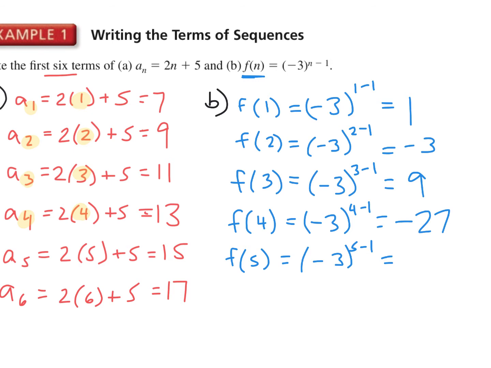So negative 3 to the fourth power? 81. And then we have f of 6. So negative 3 to the power of 6 minus 1. So negative 3 to the fifth power is what? What is it, Brooke? Negative 243. Awesome.